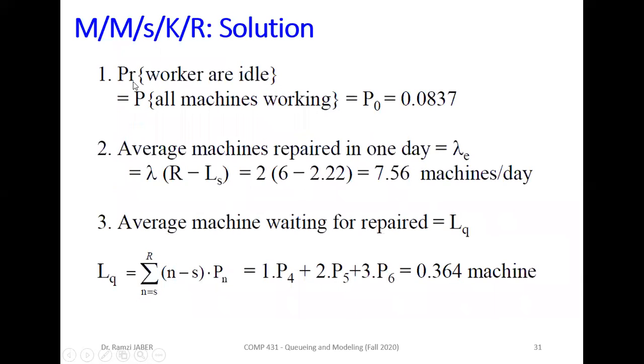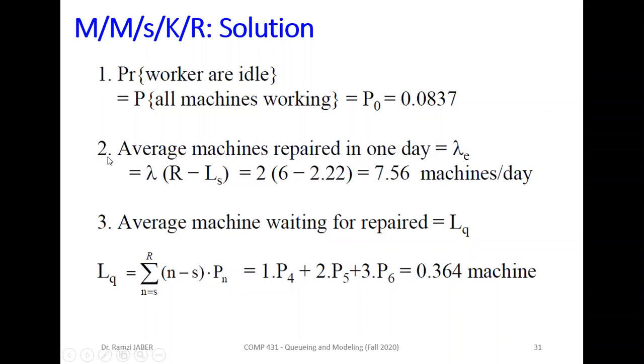Now, the first question: the probability that workers are idle. Workers are idle means all machines are working, which means n equals 0, no machine enters the workshop. So P0 equals 0.0837.